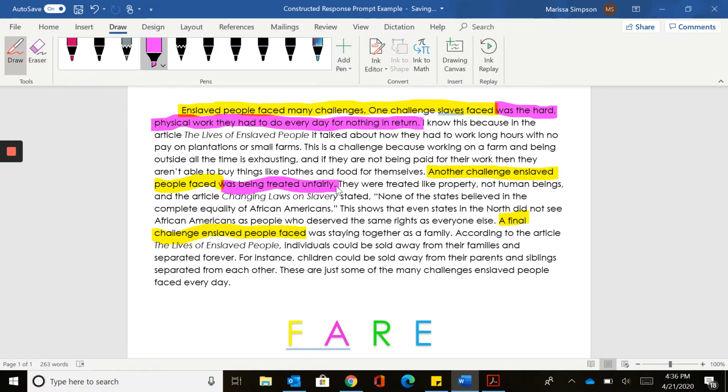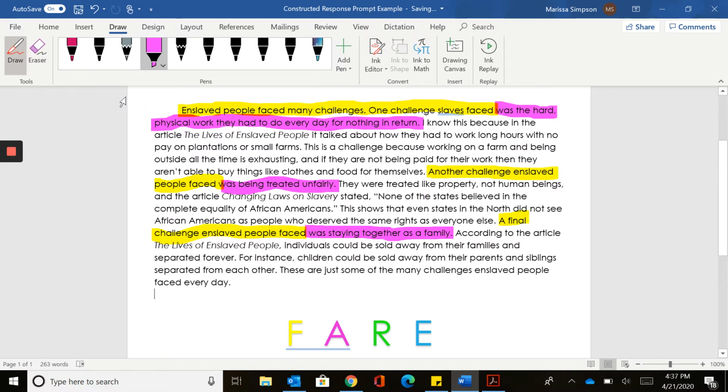I apologize at how uneven this highlighting is, but we're just going to keep going. And the last challenge I talked about was staying together as a family. It was really hard for them to stay together as a family. So I flipped and I've answered, and then everything else that I haven't highlighted yet is where I refer to the text and I explain how that evidence helps to answer the question.